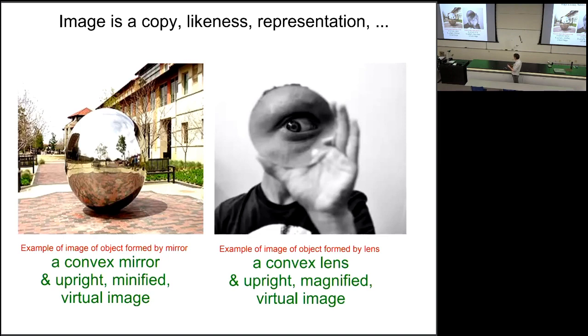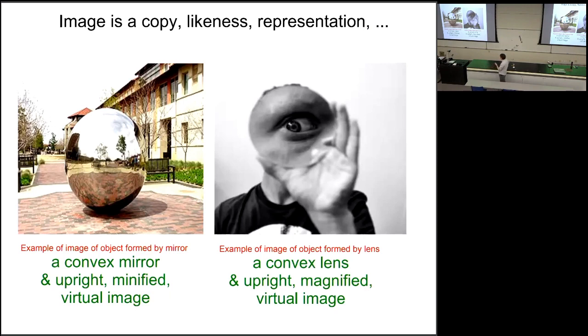Now, a couple of points. This happens to be a convex mirror, and we'll discuss that later. This happens to be a convex lens. We'll discuss that later. But with these two examples, you see some of the changes you can make when you form images by mirrors or by lenses.